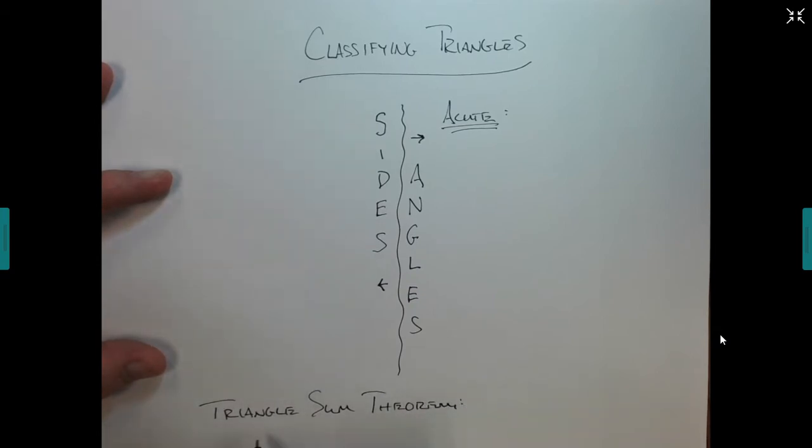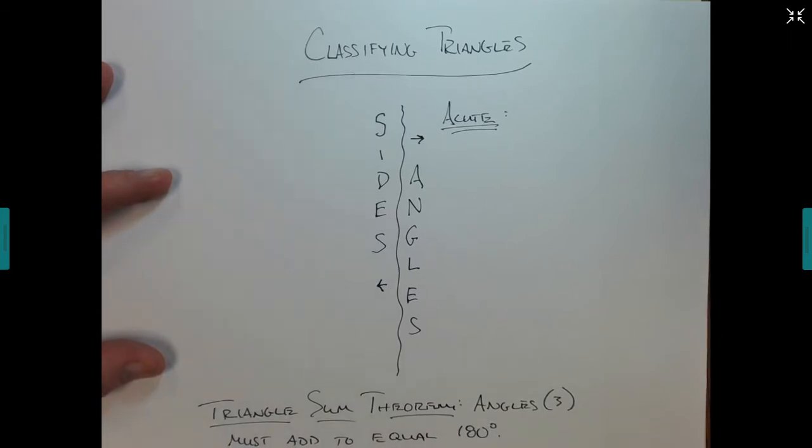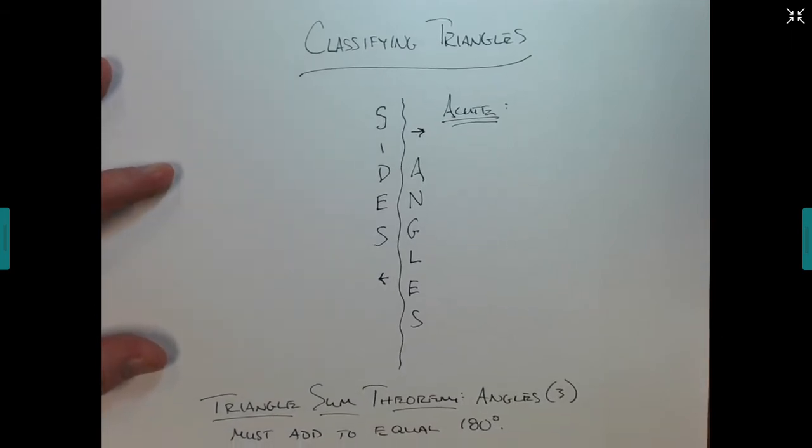The Triangle Sum Theorem says that the angles of a triangle, there's three of them, must always add to equal 180 degrees. That happens every single time.